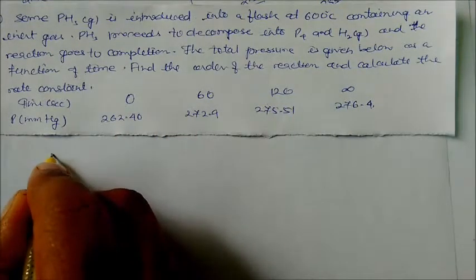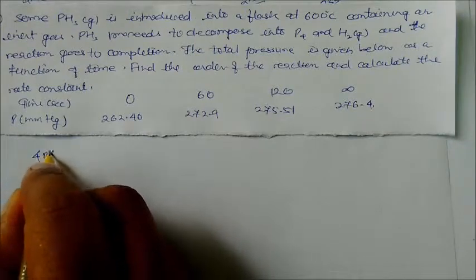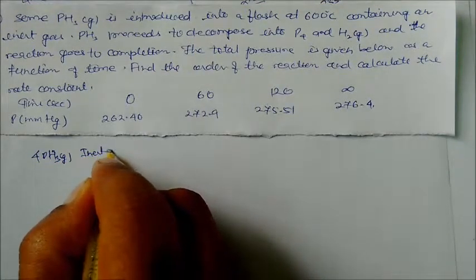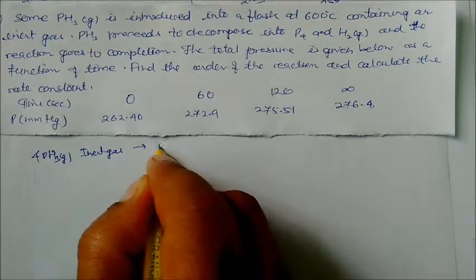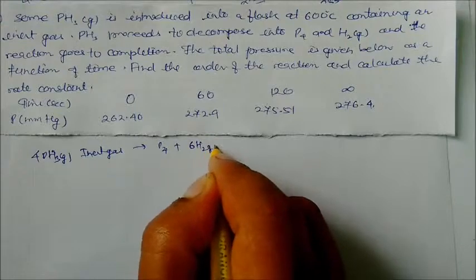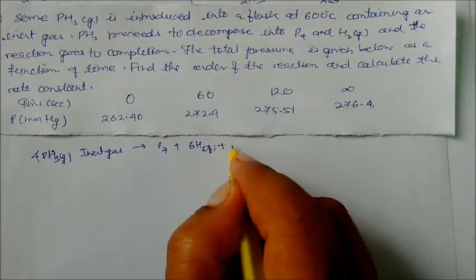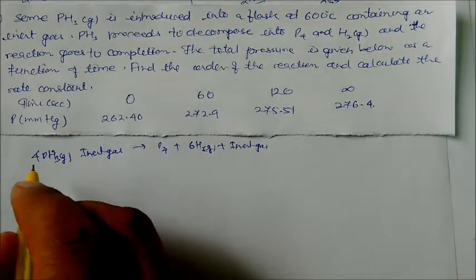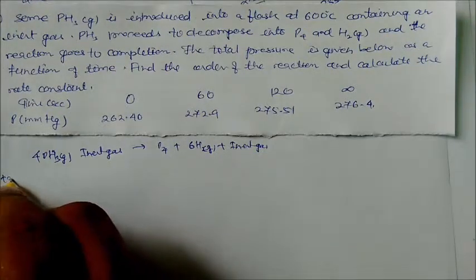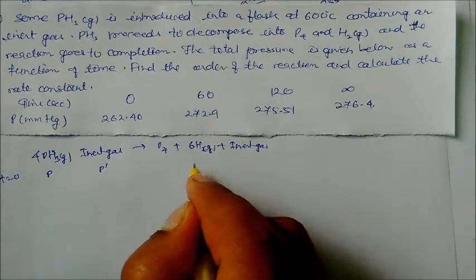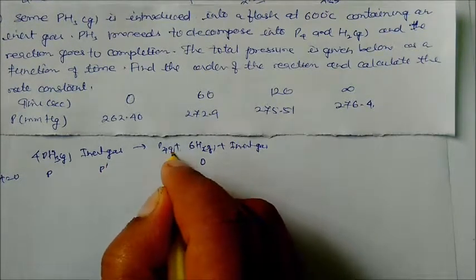So here 4 PH3 gas plus inert gas, this will give you P4, and here 6 hydrogen gas. So we have calculated value plus here inert gas. So inert gas here, if you take t equal to 0, so this will be your P, this will be your P dash, this will be 0. This is the gas also, phosphorus gas.